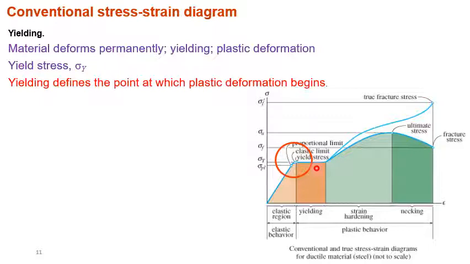The upper yield point is where the material's atomic bond, or metallic bond, starts breaking, and once the bonding breaks, the material loses its ability to withstand the load. So we can see a drop in the load bearing capacity or resistance of the material.